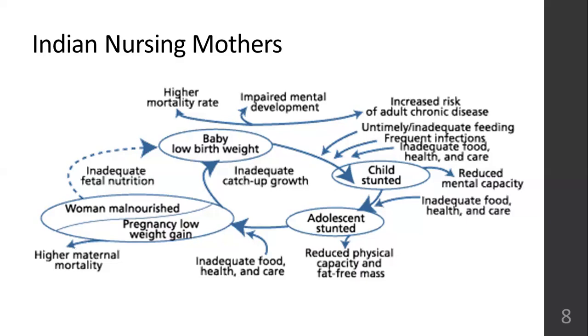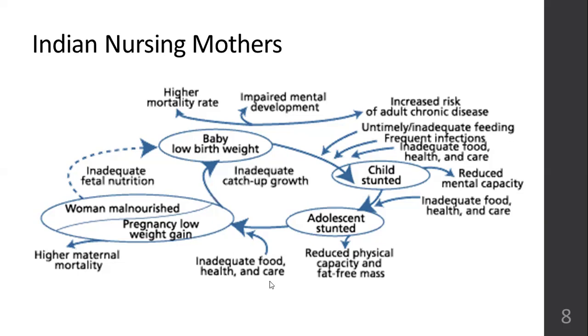Especially women in the low income group do not have adequate weight gain in pregnancy. If adequate weight gain is not there, they will not have enough fat in their body to produce milk later on. So it gives us this vicious cycle.